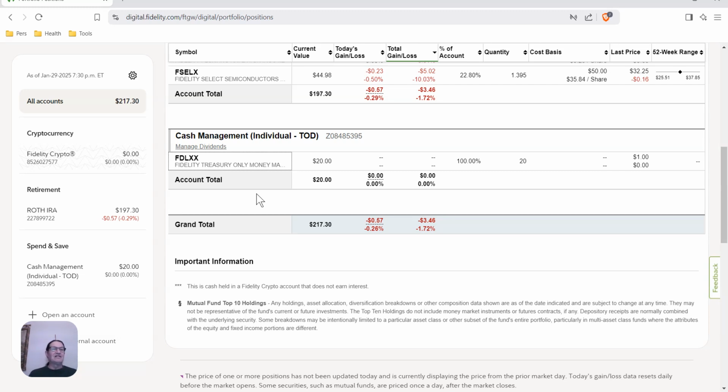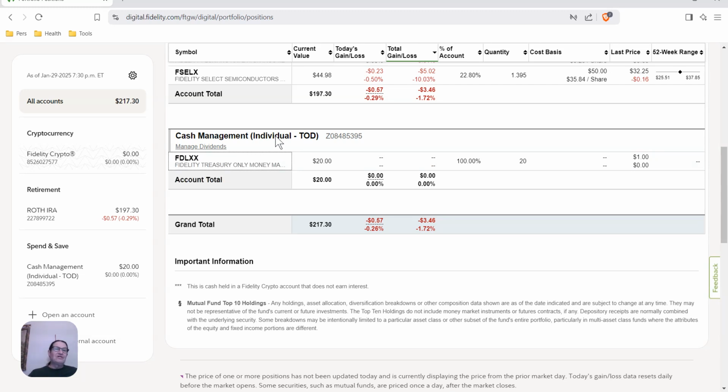So FDLXX is state and local tax exempt, not federal, but state and local. You do not pay taxes on the interest you earn on this account. So 4%, if you live in a high tax state like I do, would more be like 5, maybe even 5.25%. So that is pretty darn good.